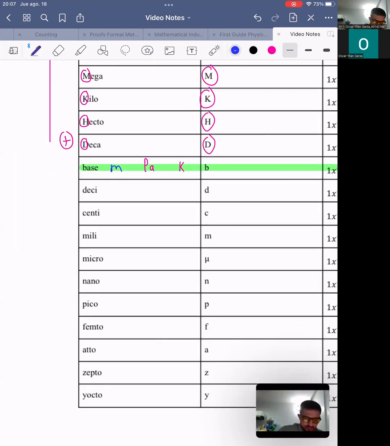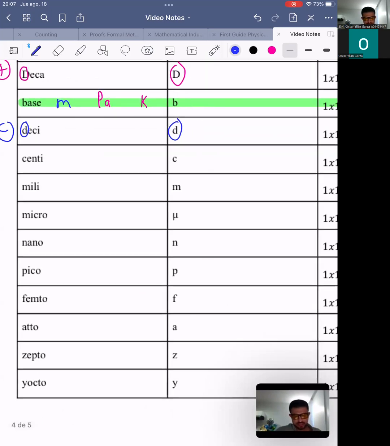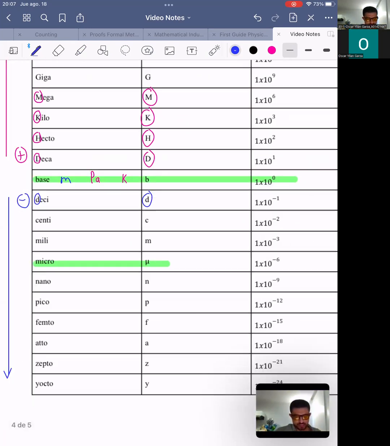If we want to make the unit smaller, the first letter is always lowercase, the only exception being micro, where we use the Greek letter mu.